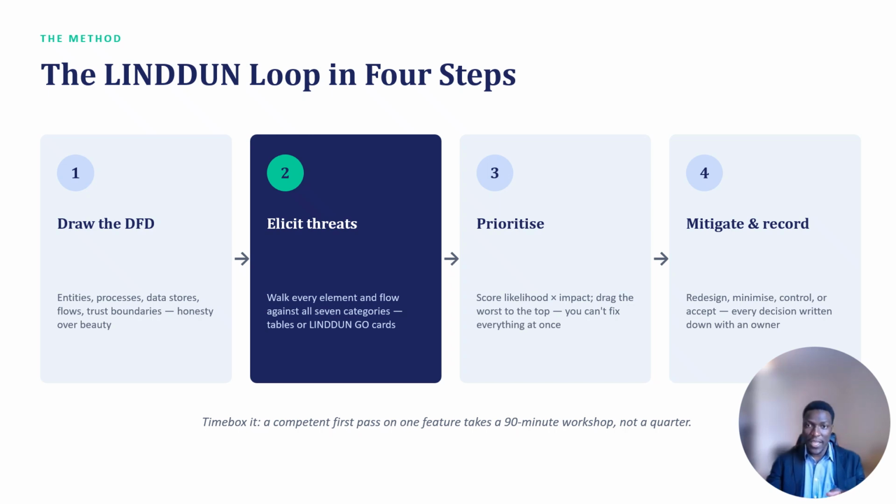The most important thing here is every decision should be written down and owned, and when owned, a plan should be made on how that specific threat is going to be fixed.